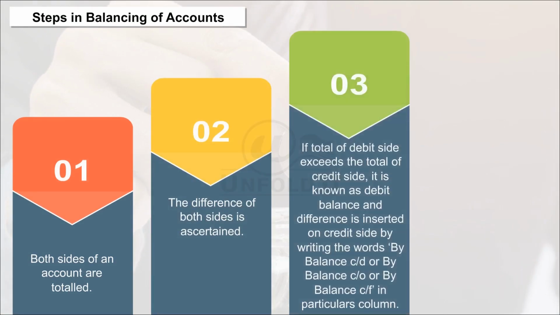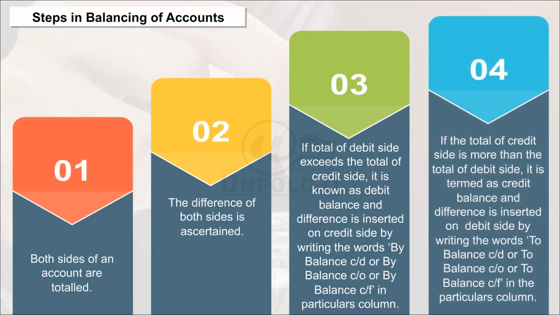If the total of the debit side exceeds the total of the credit side, it is known as a debit balance, and the difference is inserted on the credit side by writing the words 'by balance c/d' or 'by balance c/o' or 'by balance c/f' in the particulars column. If the total of the credit side exceeds the total of the debit side, it is known as a credit balance, and the difference is inserted on the debit side by writing the words 'to balance c/d' or 'to balance c/o' or 'to balance c/f' in the particulars column.